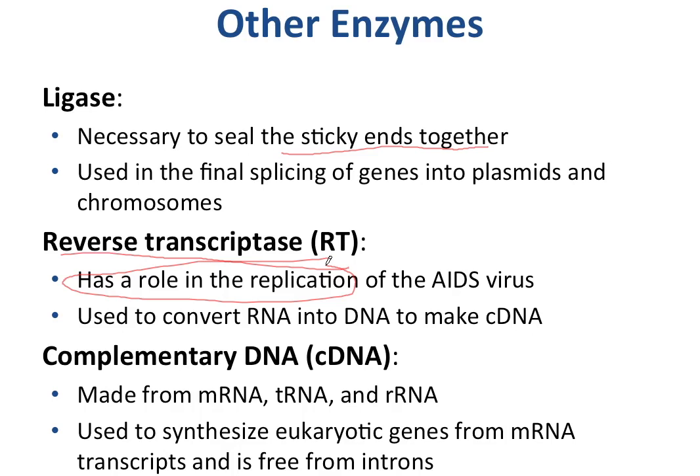Those viruses are RNA viruses, so they have RNA. However, they also carry this type of enzyme. Once they invade the host, they can use this enzyme to make the DNA based on their RNA template. Okay. For example, the HIV virus is a type of reverse transcript virus. Okay.